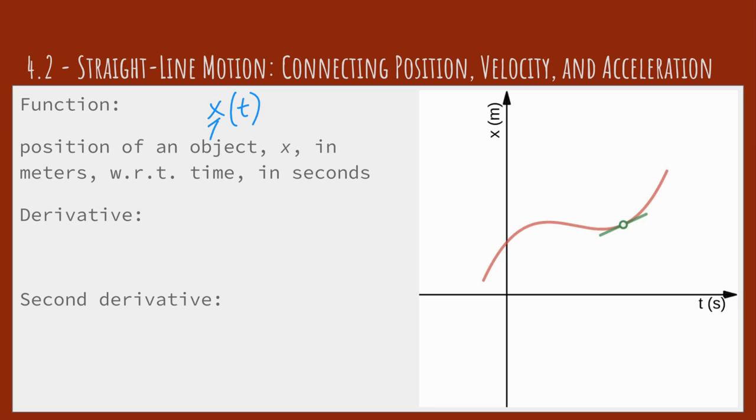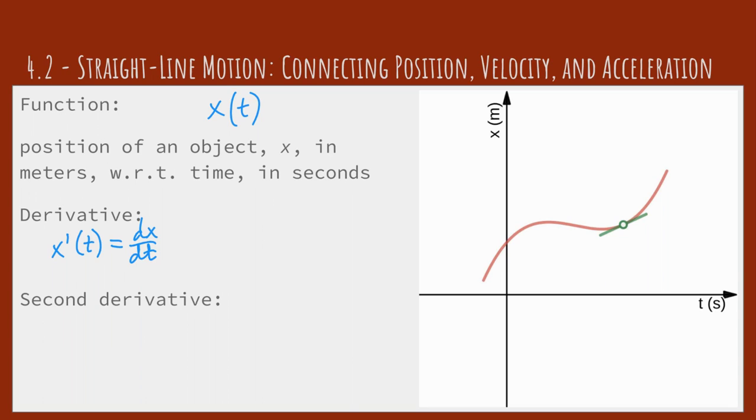So the function itself is going to be the position of an object, and the independent variable is going to be how much time has passed. When we take the derivative of a function like this, we get x prime of t, or in differential notation, we'll say dx/dt. I like the differential notation because it helps with units.